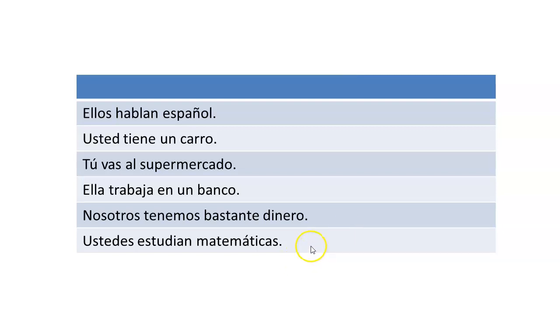And the last one, Ustedes estudian matemáticas. You study math. So how would you ask the question, do you study math or are you studying math? ¿Estudian ustedes matemáticas?